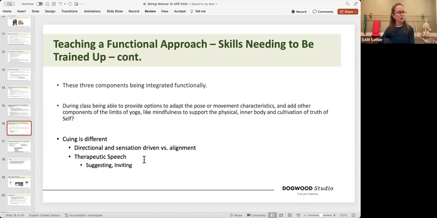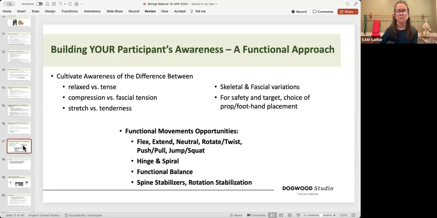And maybe there's more space there. Ah, yes, there is. Do you feel the internal rotation when your hip turns in versus out? And how's that feel? Do you feel it anywhere else? That's this inviting speech.